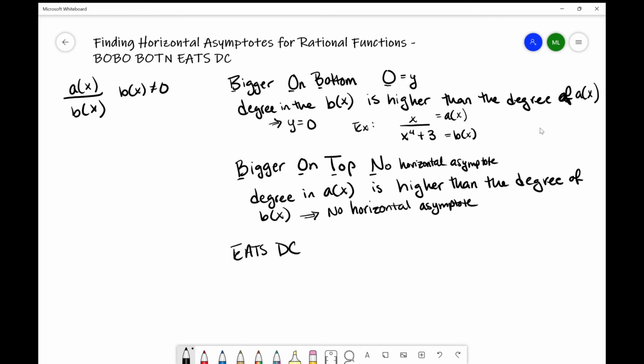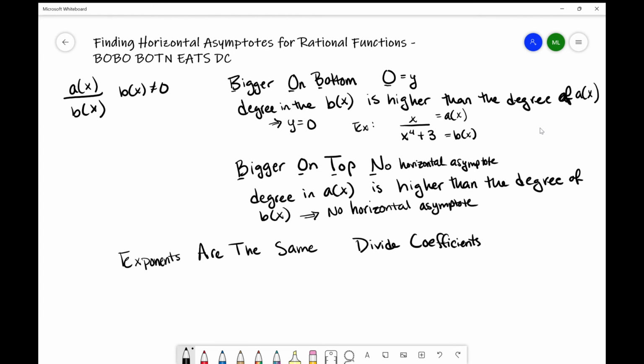Oh, why did I write out eats DC? Let me go ahead and say what each one of those are, actually. Let me also give this one a little bit more space. So E stands for exponents, and then A, T, S, the same, and that's what the S stands for. And then the DC stands for divide coefficients.